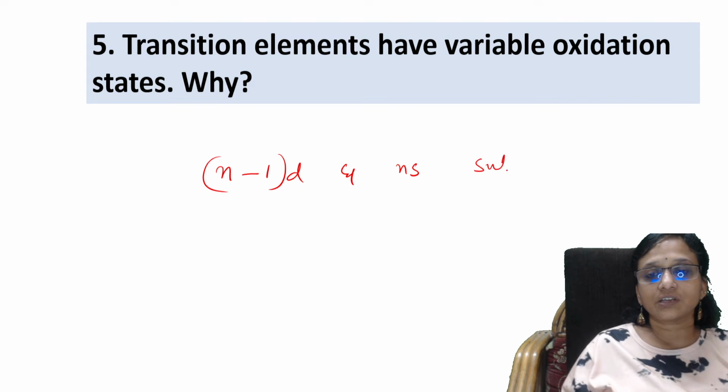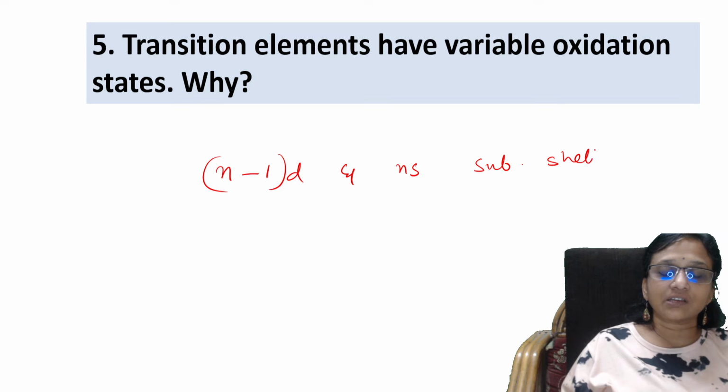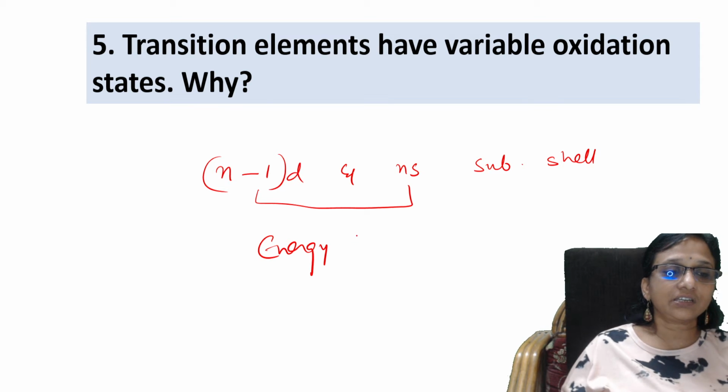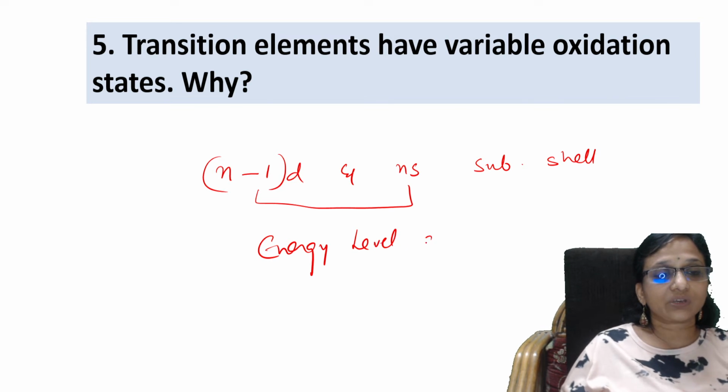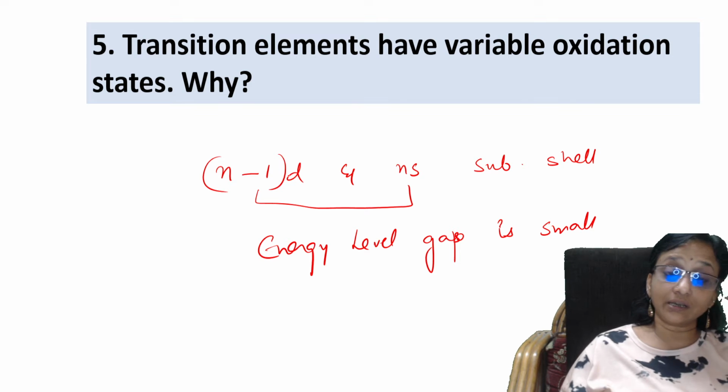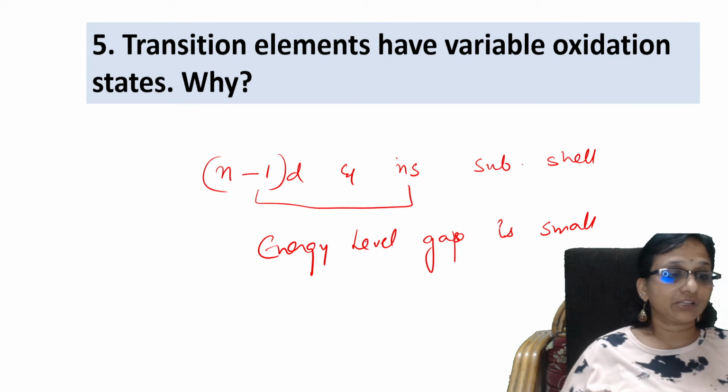The energy level gap between n-1d and ns is very less. Gap is small. So when the energy level gap is small, automatically I can pull out electron from ns, and I can pull out electron from n-1d.